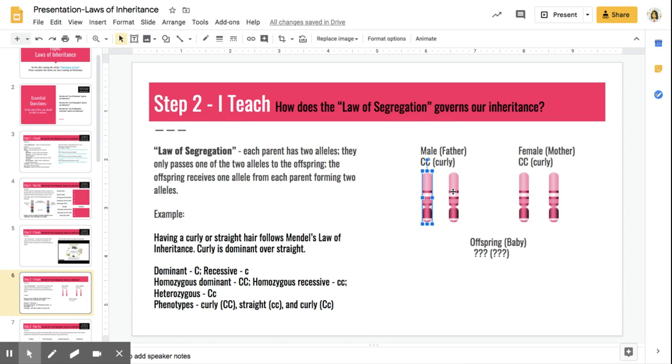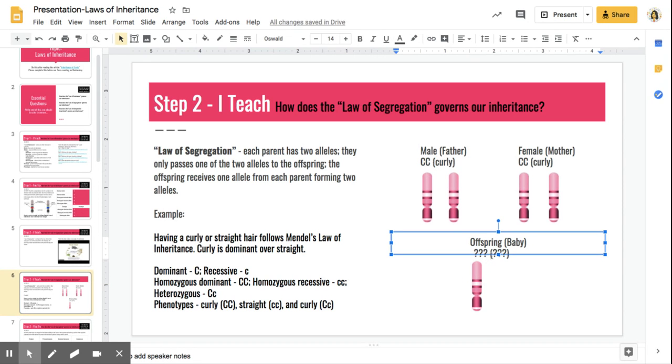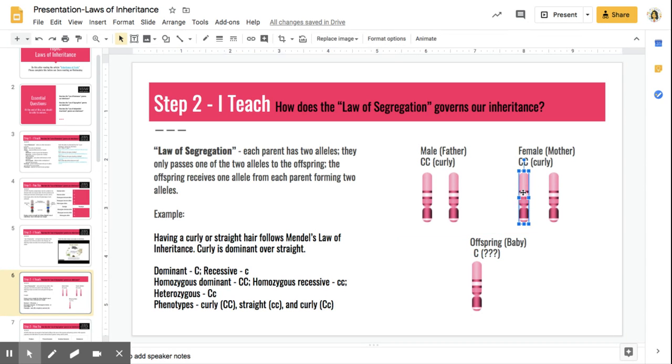Either this or this one, we're going to receive the same thing for the offspring. It's going to be the curly allele. So the first allele will be capital C. And same thing with the mother. Either of the two alleles you receive, you're going to have the same thing. It's still the curly allele.